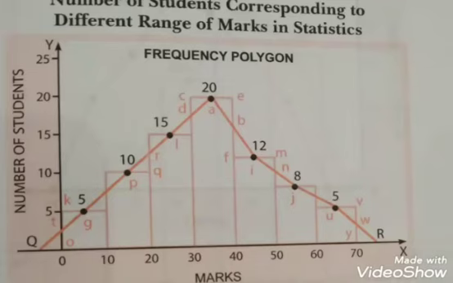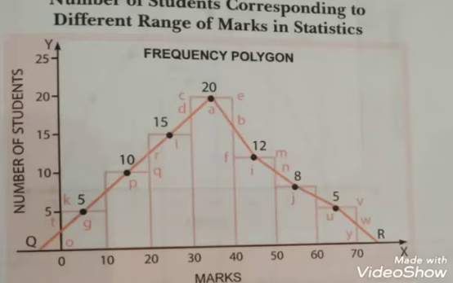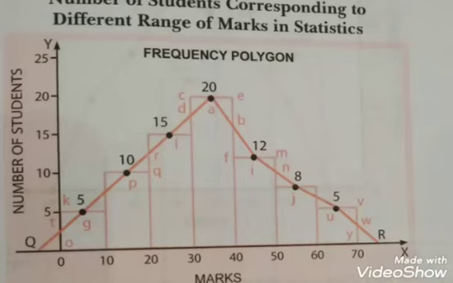The midpoints of the tops of rectangles in the histogram have been marked and then joined using a scale. Another important thing is that the lower and higher midpoints of the frequency are joined at the baseline, that is the x-axis. It means that both sides of the frequency polygon are extended to meet the x-axis.